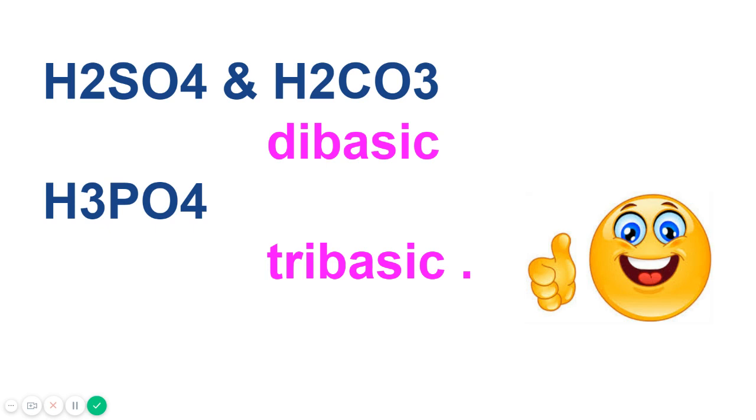On the other hand, phosphoric acid is tribasic. As you can see, sulfuric and carbonic acids have two hydrogens which can be replaced, whereas phosphoric acid has three hydrogens that can be replaced. So sulfuric and carbonic acids are dibasic and phosphoric acid is tribasic.